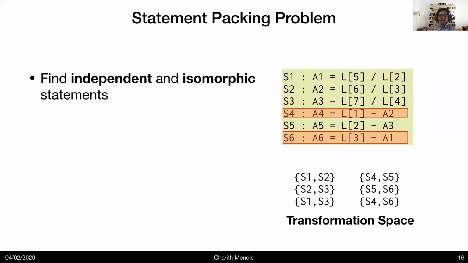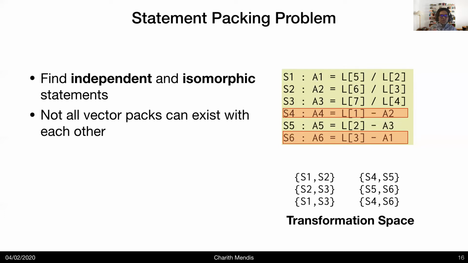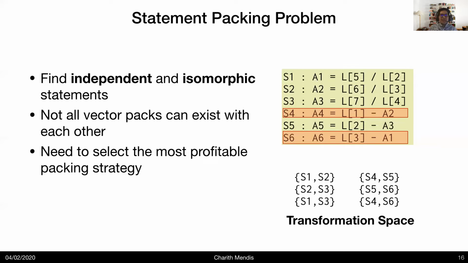However, if you look closely, note that not all statement packs can exist with each other. For instance, if a particular statement is part of one vector pack, it cannot be part of another. So the final job of the compiler is to select the most profitable set of statement packing opportunities out of the entire transformation space of opportunities out there.